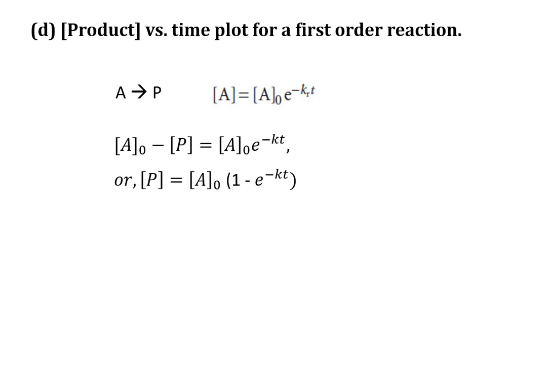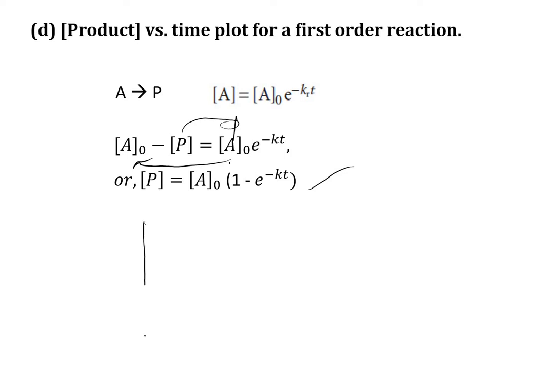As you know, At at any time t is nothing but the initial concentration minus the amount of product, that means product concentration that has already been produced in that time. So A0 minus P is actually At, and that is equal to A0 into e to the minus Kt. So P, if you take it to the right, and this thing you can bring to the left, and you will get this equation. So P is A0 into 1 minus e to the minus Kt.